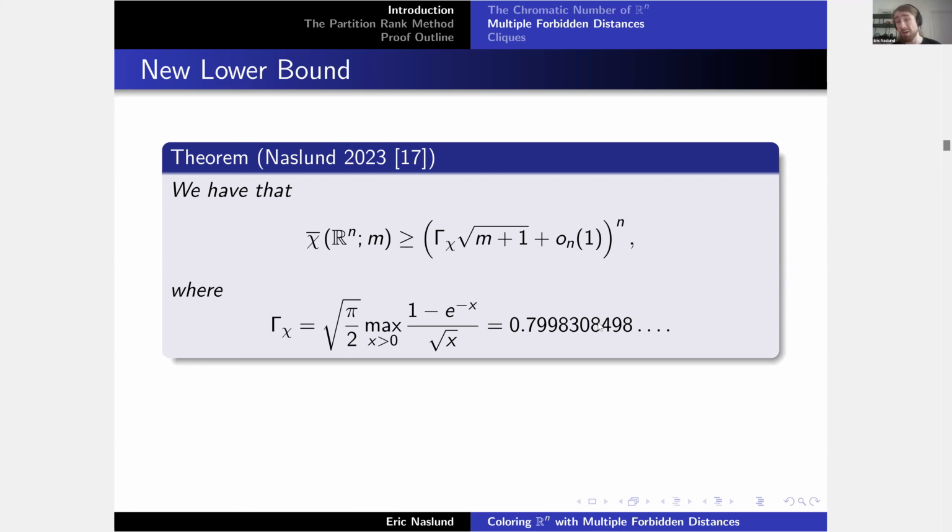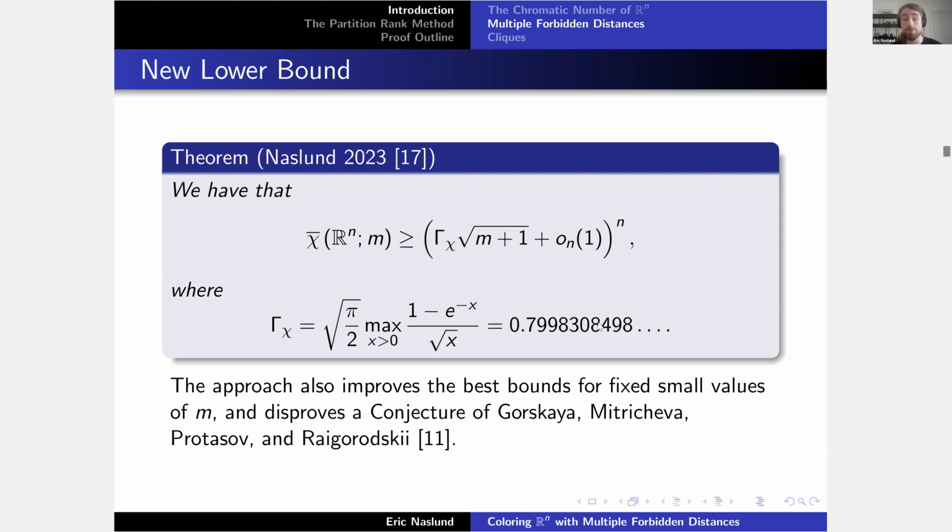And it turns out that's kind of interesting. I should also say this bound improves the best lower bounds for fixed m, and disproved a conjecture of four other mathematicians that have worked on this problem.